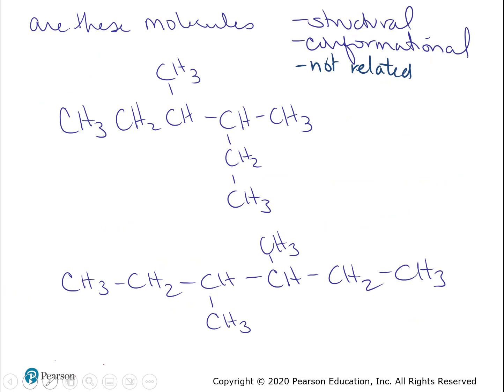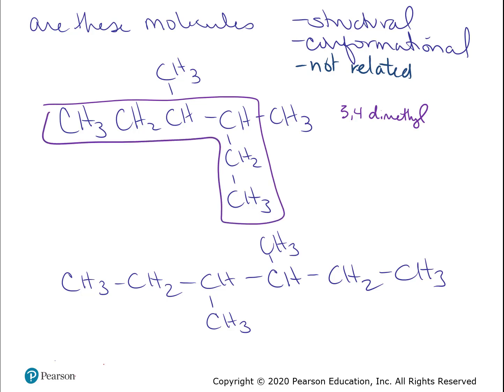So you tell me, are these molecules structural isomers, conformational isomers, or are they not related? Okay, so you got this because what did you name the top one? 3,4-dimethyl, right? So 1, 2, 3, 4, 5, 6, hexane.